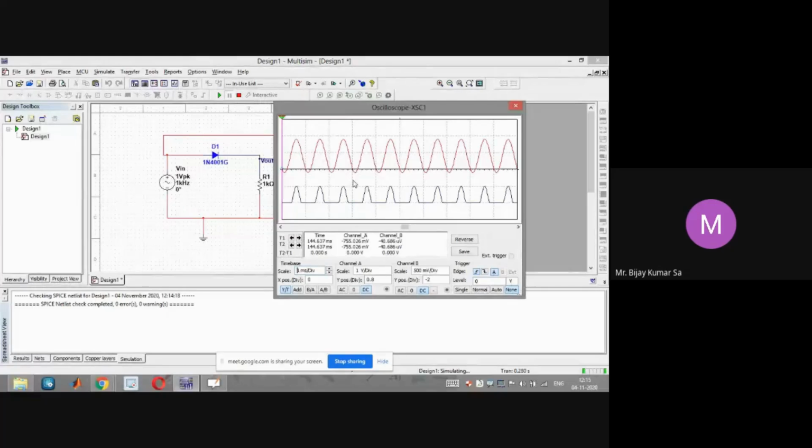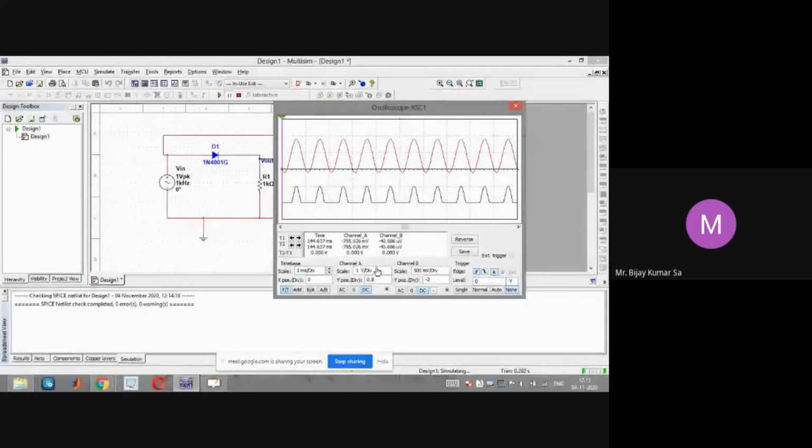Only thing I am doing, by changing the time per division or volt per division, is a zoom in, zoom out process. Zooming in or zooming out doesn't change the characteristics of the object being observed. It only changes the way we are able to see the same object.